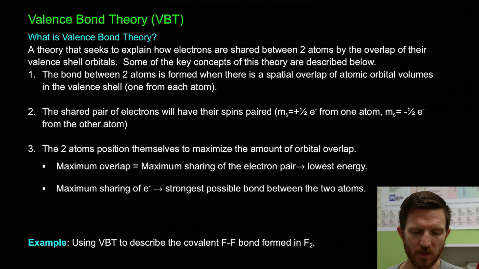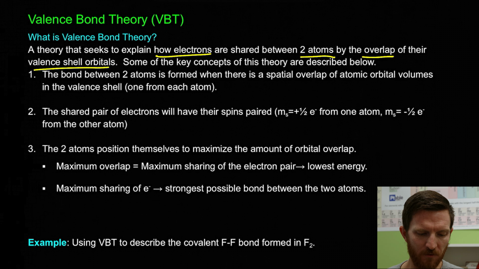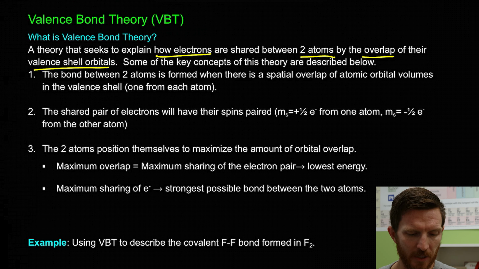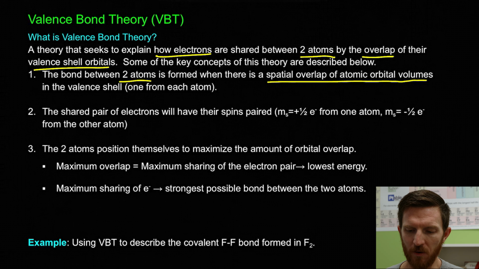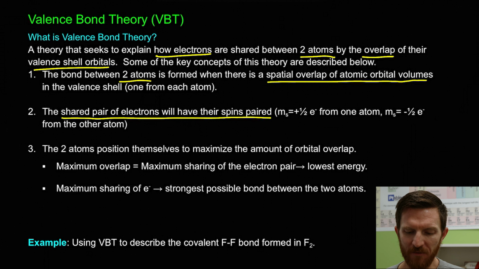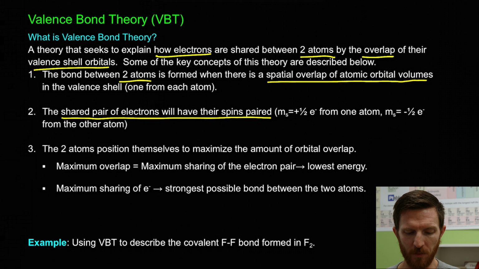Valence bond theory wants to explain how electrons get shared between two atoms, and they do this by the overlap of their valence shell orbitals. So we talk about our valence orbitals when we think about bonding here. According to valence bond theory, this occurs when the two atoms come close enough to each other to form a spatial overlap of those atomic orbitals. They share those electrons by having opposite spins in the overlap of those atomic orbitals.